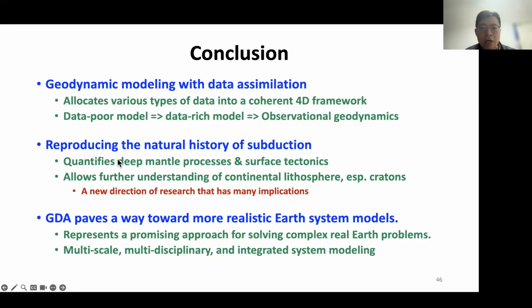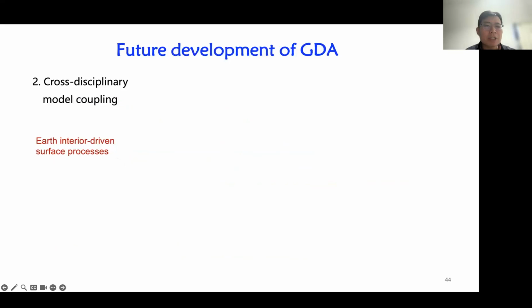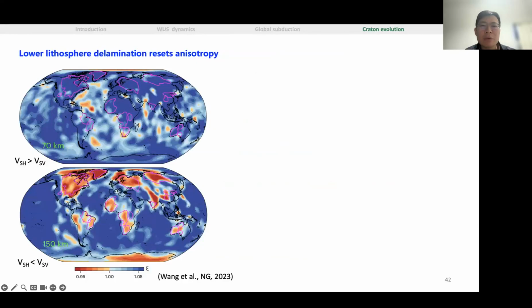Okay. I assume this is referring to the figure I showed. What this figure shows is that VSV is larger than VSH below 70 kilometers, greater than 70 kilometers, at 150. To my interpretation, based on the context I gave, for example delamination, this is reflecting a more vertical deforming history, which is delamination and relamination.